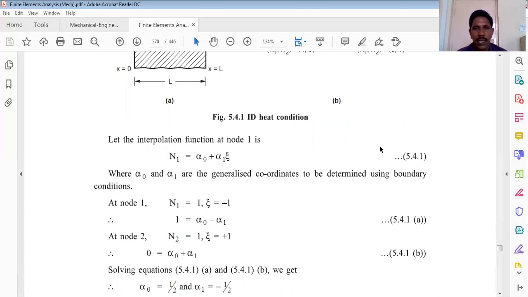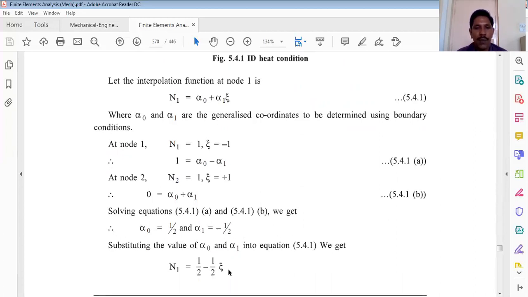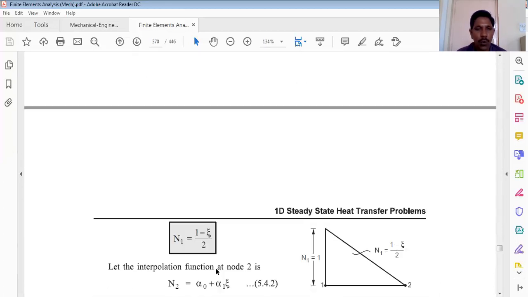So we can express equation 5.4.1 as 0 is equal to alpha naught plus alpha 1. And if you solve equations A and B, you can get the value of alpha naught as half, alpha 1 as minus half. So when you substitute these values back in 5.4.1, we're going to get N1 as half minus half zeta, or 1 minus zeta by 2. So N1 is 1 minus zeta by 2.